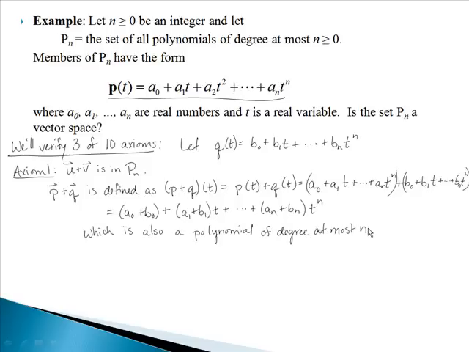And this is also a polynomial of degree at most n. So then we've shown that P plus Q is in P sub n. So we've shown axiom 1.